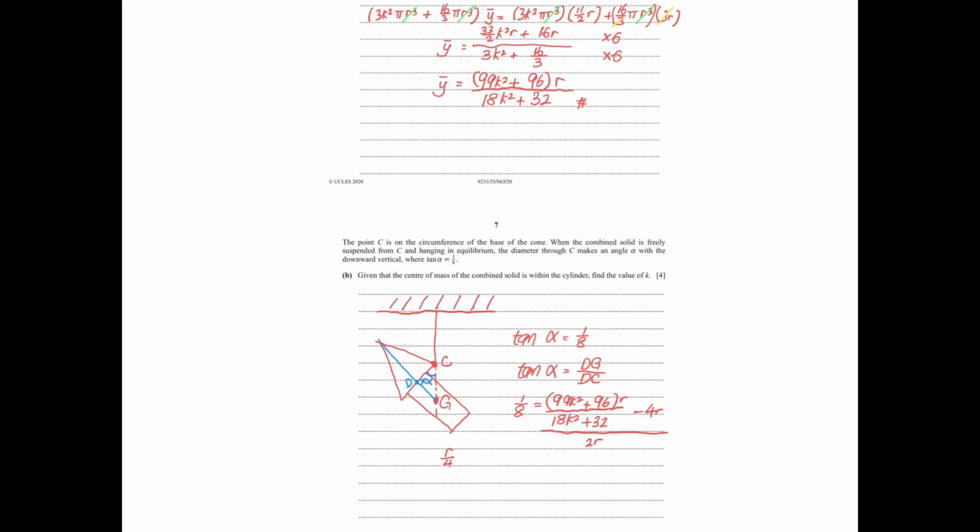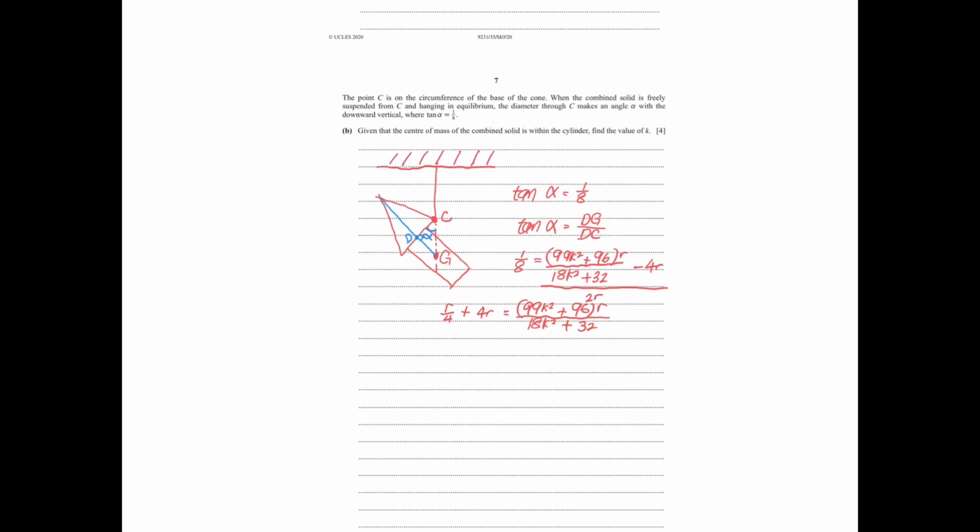Now I bring the minus 4R to the left, so I get plus 4R. On the right, the big fraction remains: 99k squared plus 96R over 18k squared plus 32.